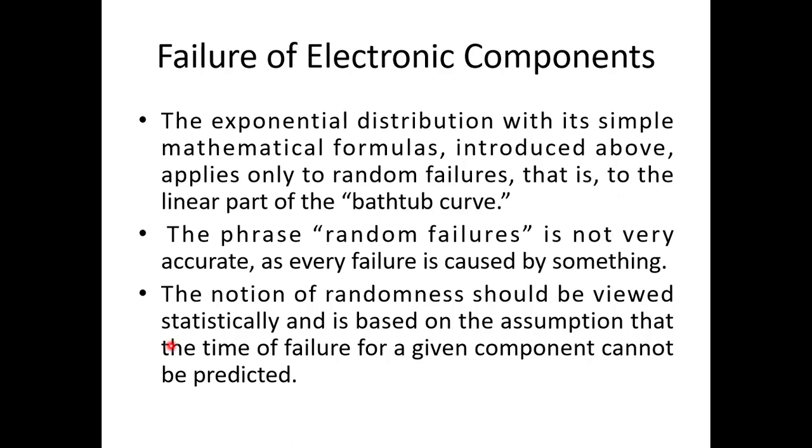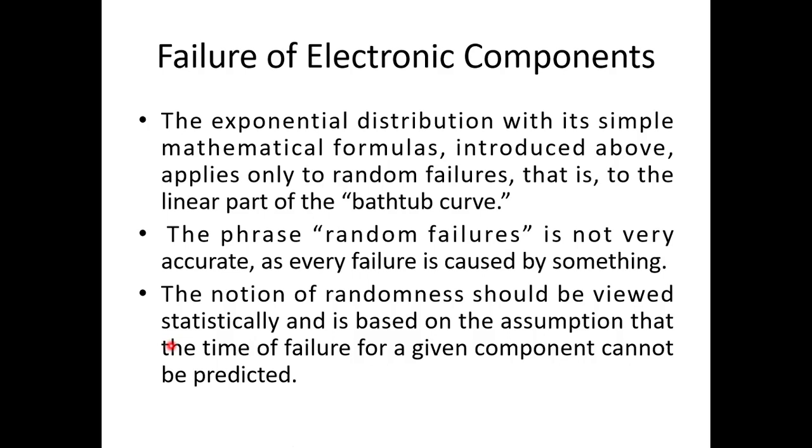The exponential distribution, with its simple mathematical formulas, is introduced to apply to the random failures, that is, to the linear part of the bathtub curve. We can see in the bathtub curve that an exponential distribution curve also occurs.